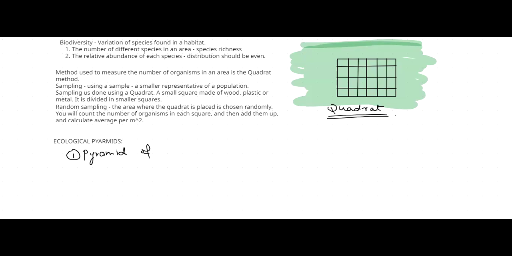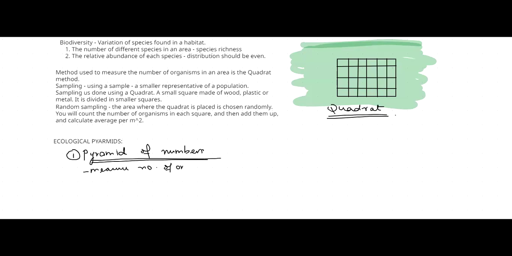What happens in a pyramid of numbers? The scientists are going to measure the number of organisms at each trophic level.